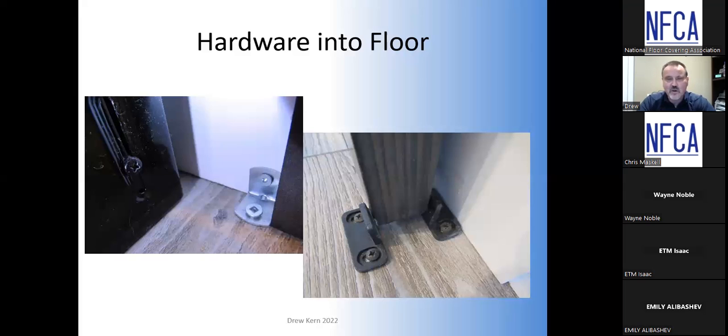So yes, you could knock on the floor and it might give you an indication, but if there are any inspectors on this call, I don't know if I would translate that to a report, because a lawyer could get you in court and say, you threw my client under the bus by knocking on the floor and listening to it. What training do you have? Where's the standard for that? And it would just go on and on. But it would be a good indication. But pulling that screw and laying it down and taking a picture of it next to a tape measure or a ruler, you've got it, right?